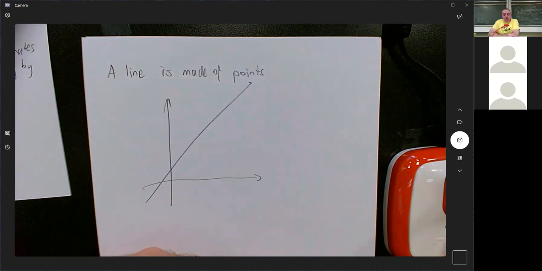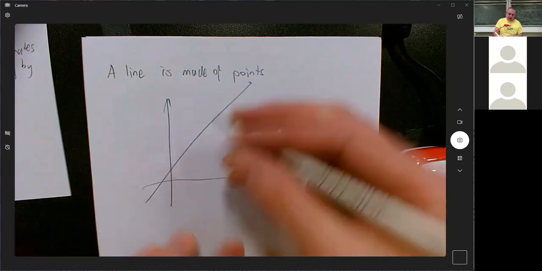One of them is to have an equation that those points must satisfy. That doesn't tell you what any of the points on the line actually are, but it does tell you how to decide if they're on the line.